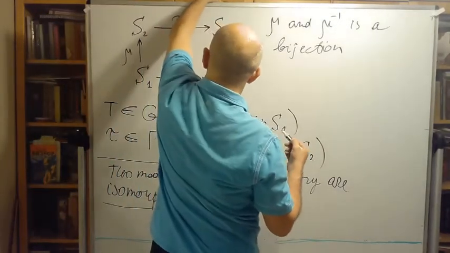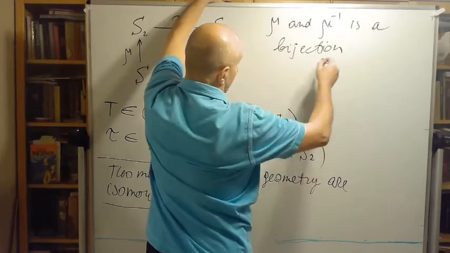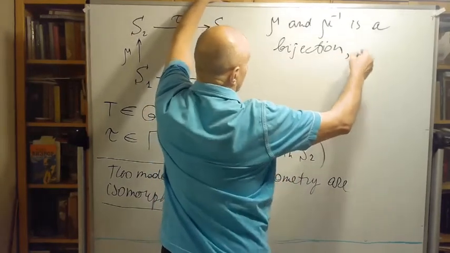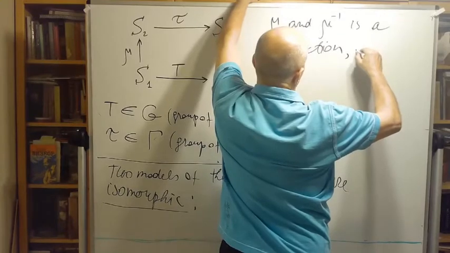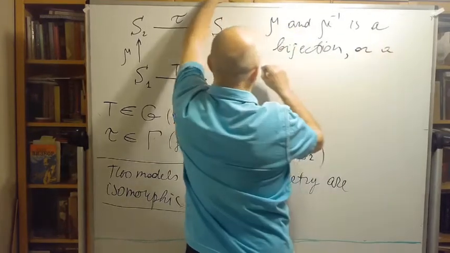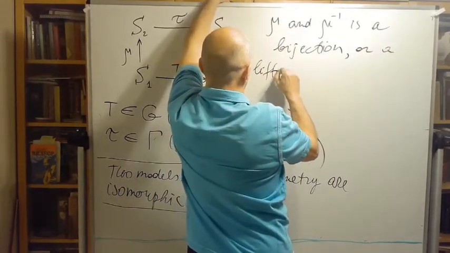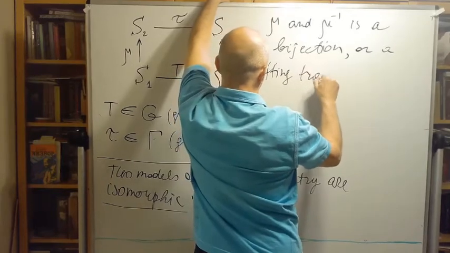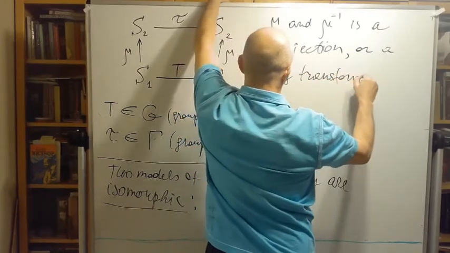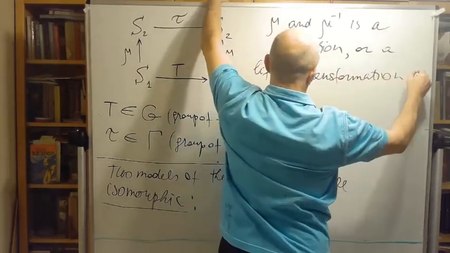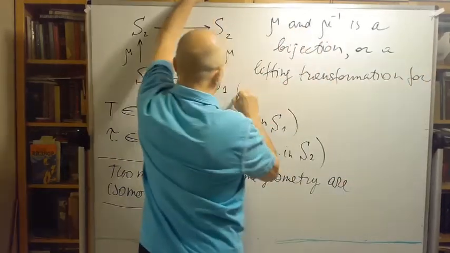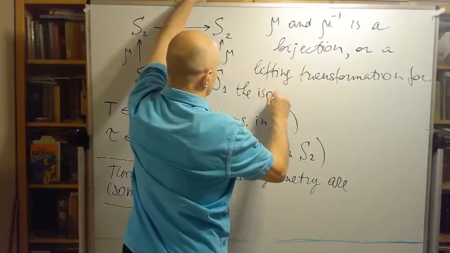So you can say that mu is a bijection or a lifting transformation for the isomorphism.